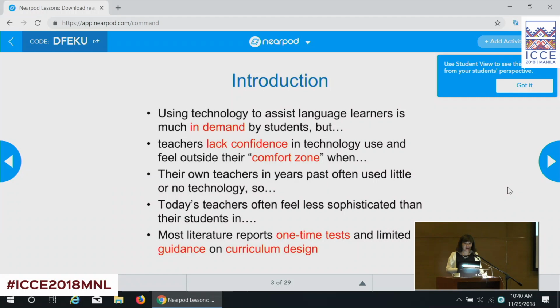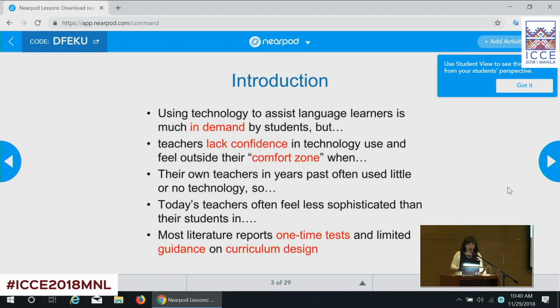Using technology to assist second or foreign language learning is much in demand by today's students. But many language instructors often lack self-confidence in technology use, and they feel outside their comfort zone when they encounter terminology such as computer-assisted language learning, CALL, or more. That is because their own teachers in years past often used very little or even no technology in their classrooms. So today's teachers often feel less sophisticated than their students in simply understanding the potentials of today's technology for language learning.